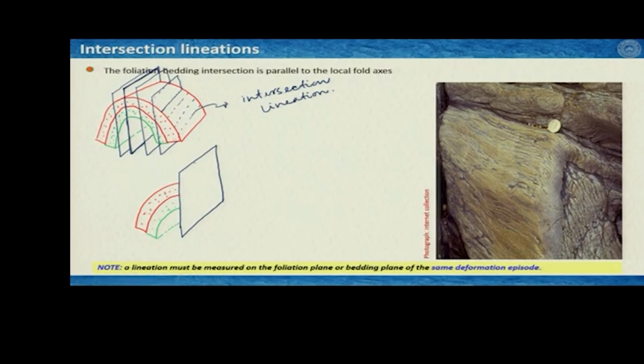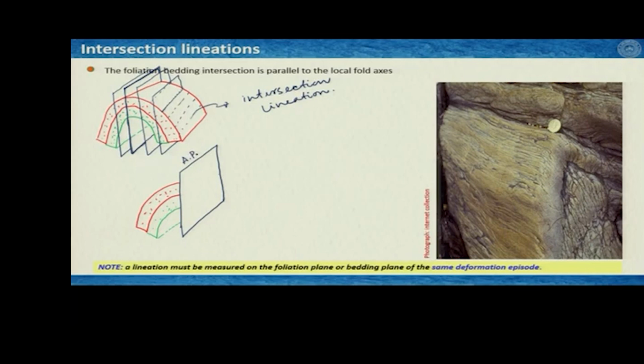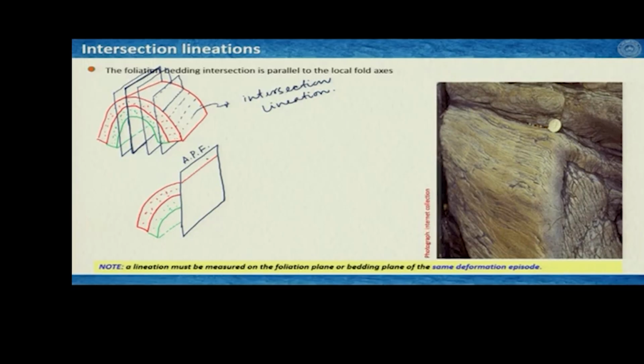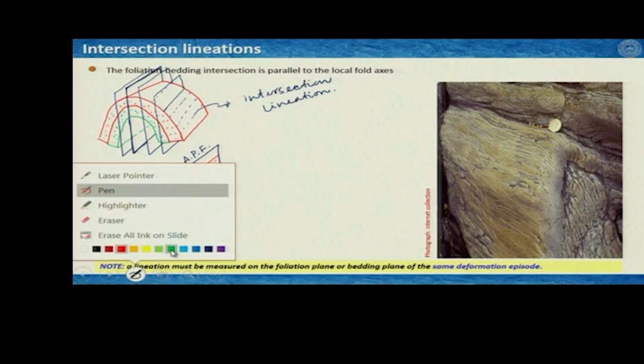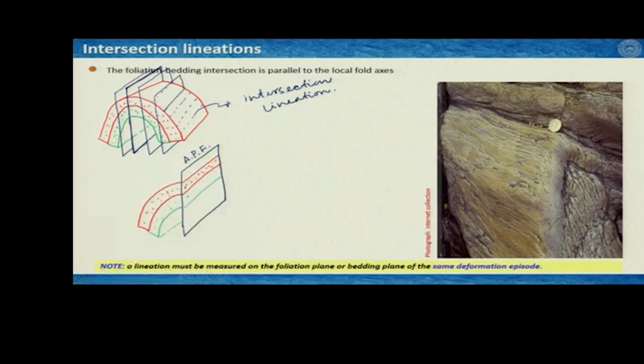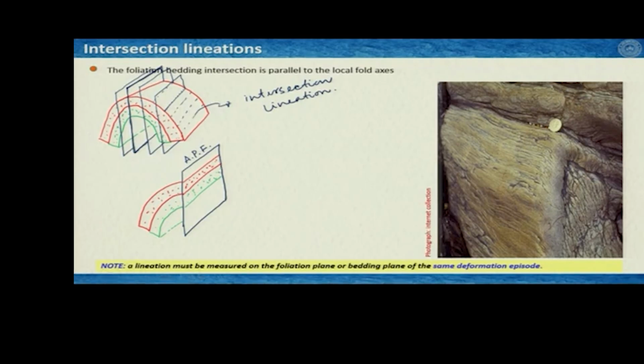Now, what would happen on this plane? This is your foliation plane, isn't it? This is your axial planar foliation. In this foliation plane, the red layer would appear like this, and the green layer would appear like this. So, this is also intersection lineation, this line and so on.